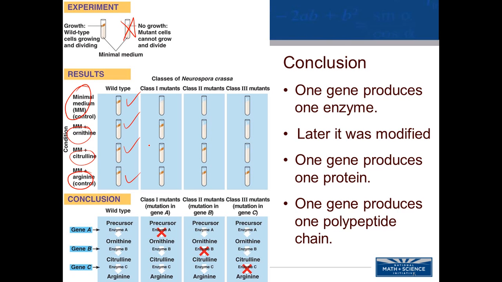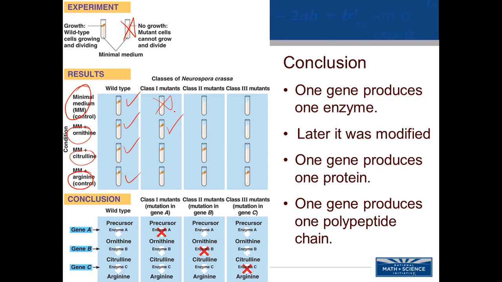All right, well, then they turned around and they took this mutant and they grew it on minimal medium, and guess what? Nothing took place. Well, then they turned around and they took some spores from the same bread mold, and they had minimal media and they gave it ornithine.